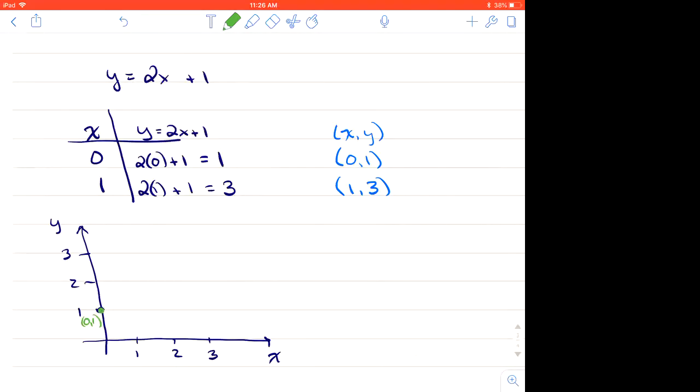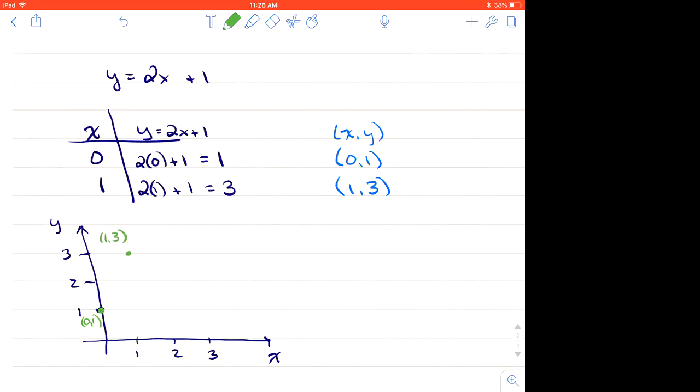I'll keep it for now. And then our next point was when x is 1 and y is 3. So somewhere around here is our 1, 3 point. The color I picked was a little light. All right, here we go.